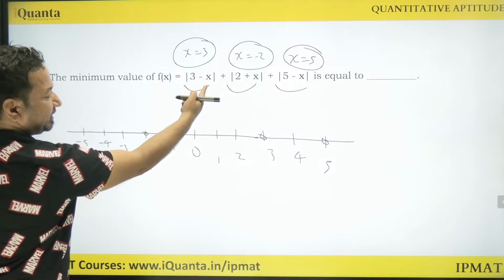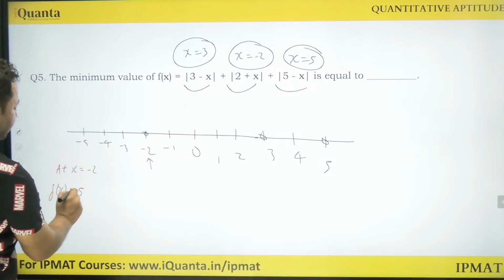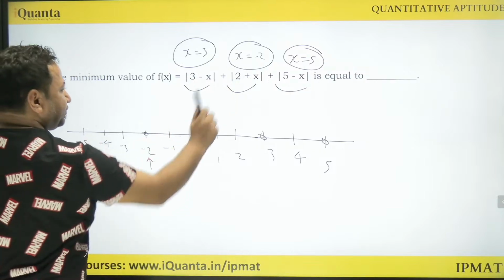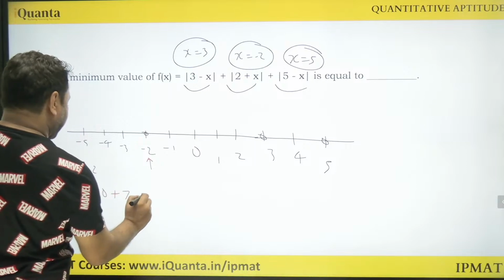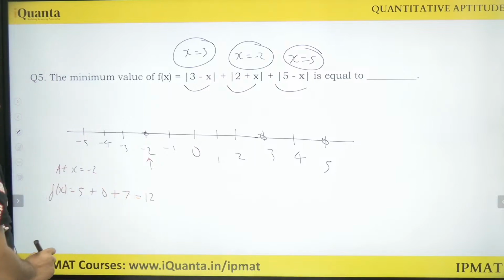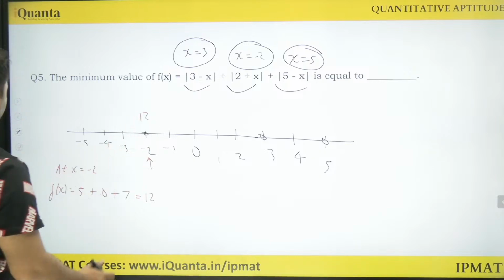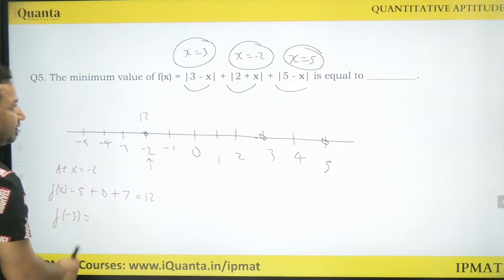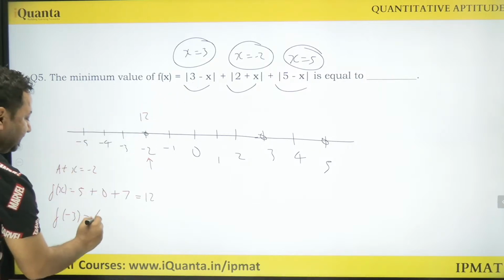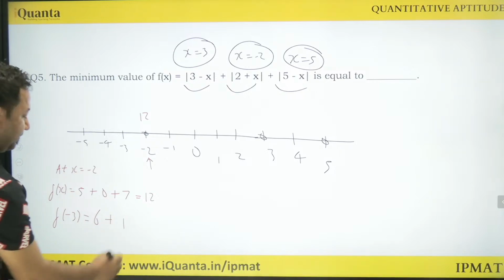See, I put minus 2 here, this becomes 5. At x equal to minus 2, f(x) becomes 5 plus, putting minus 2 over here, 0. Putting minus 2 over here, 7. I got 12. So the value of f(-2) is 12. What is the value at f(-3)? When I put x as minus 3, it becomes 6 plus 1 plus 8.